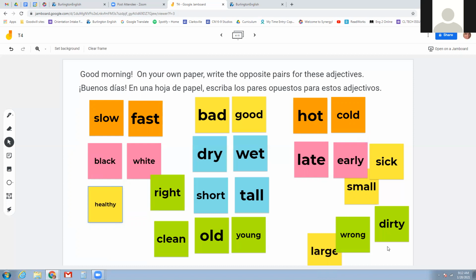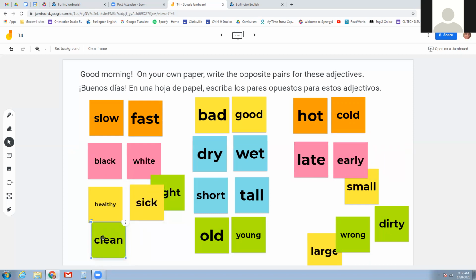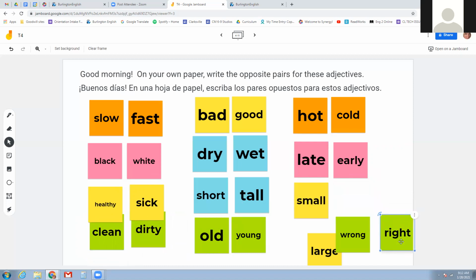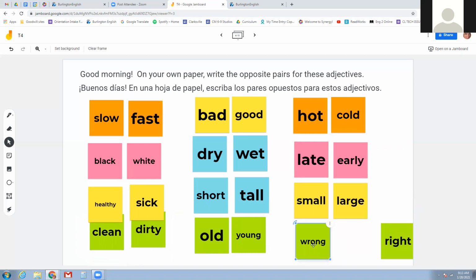Sick. Good. Clean. Dirty. You're good at this, Rocio. Good job. Small. Large. And the last one we have, wrong and right. That is right.